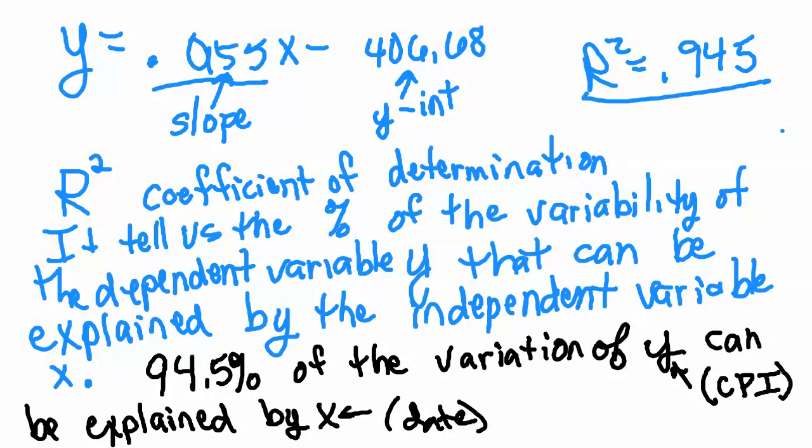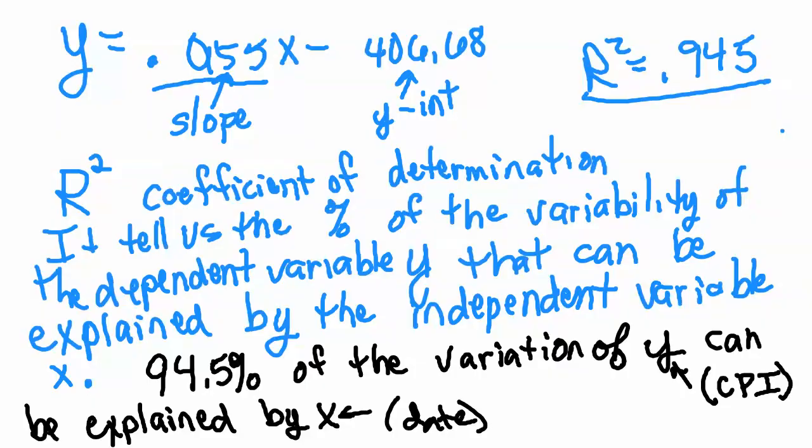So the closer you are to 1, which is the most it can be, the better fit that you have. Okay, so 100% would be every point on that line.